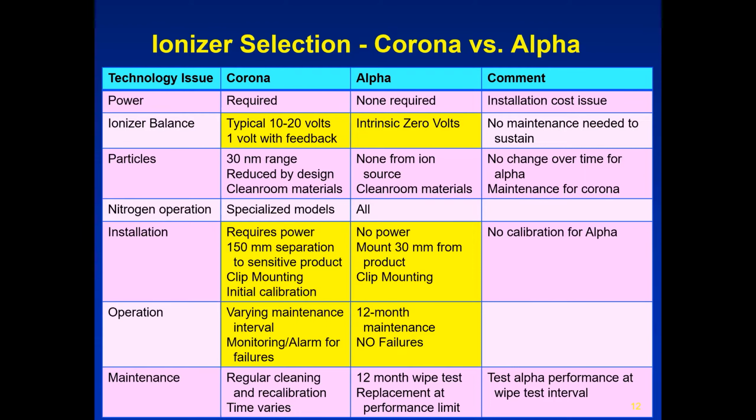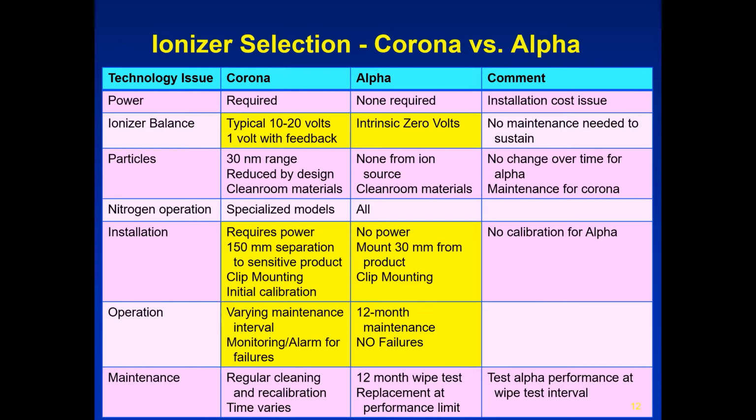And here's a very interesting thing about alpha ionizers. There is no failure mechanism. The only failure that they have is that if you use them too long before you check them and replace them if needed. But during that operating time, there's no possibility of failure, so you don't have to worry about them. Some cases, that's a very important criteria.